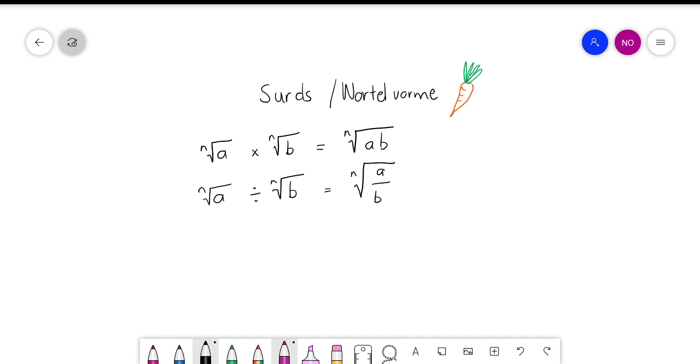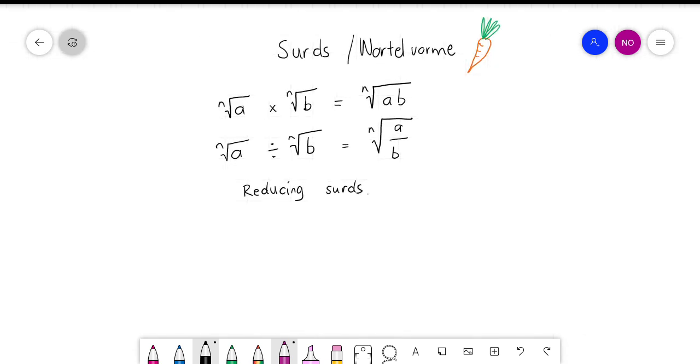Like that. We're going to practice a few of them now. Okay, when it comes to reducing surds, your best friend will be your calculator here. So even if it says do without using a calculator, you can check yourself on your calculator. So die reël lyk so.